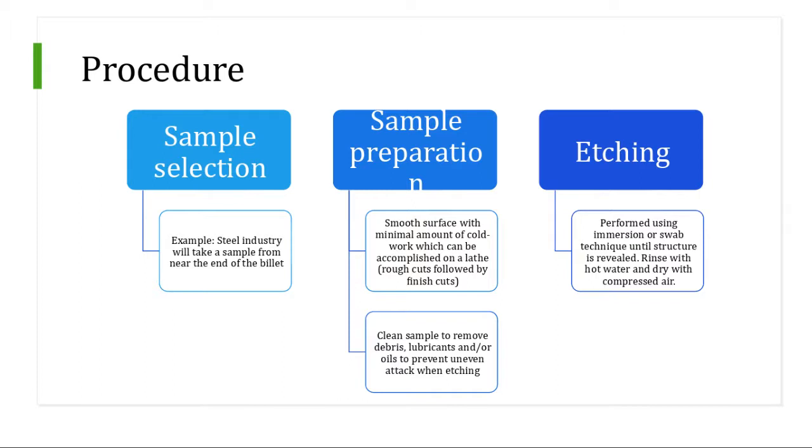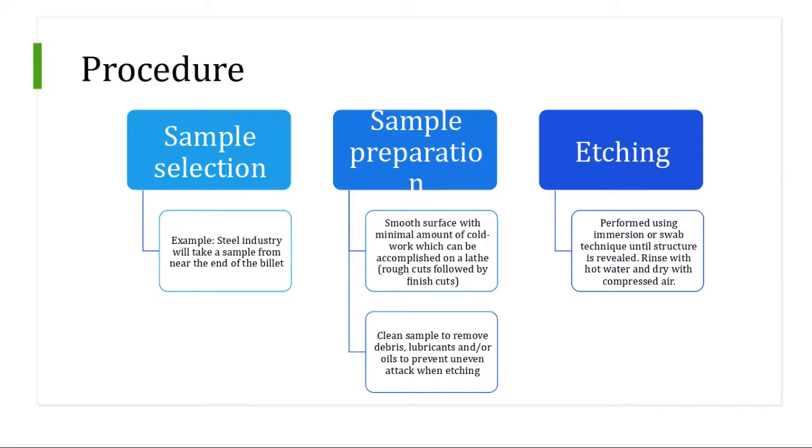So what they do is you're able to turn these on a lathe. So you're able to mill off the top surface with a rough cut, and then follow through with a fine finished cut. And then you just clean the sample of any debris, lubricants, or oils. Because when you go to etch, you want to prevent any uneven etching, uneven attack.